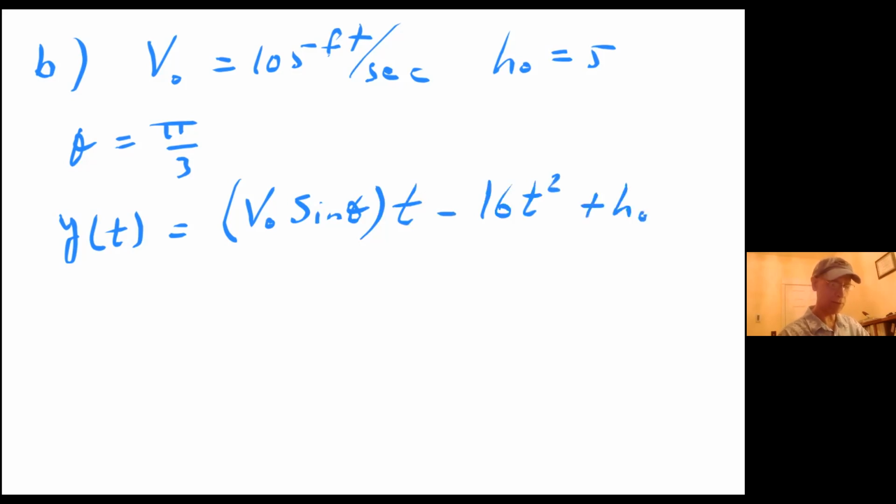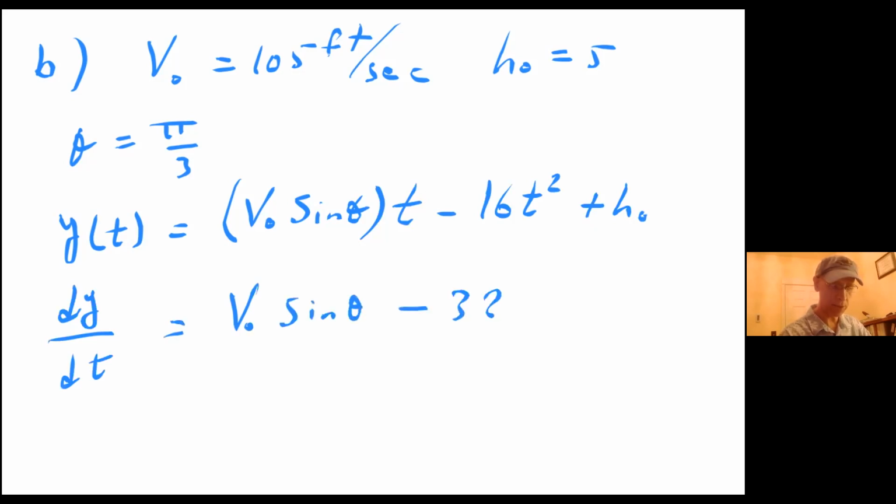So taking the derivative of y of t, I get dy dt equals v naught sine of theta minus 32t. So now I want to set this equal to 0 and solve.